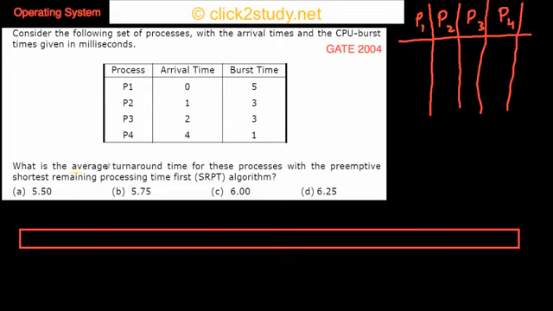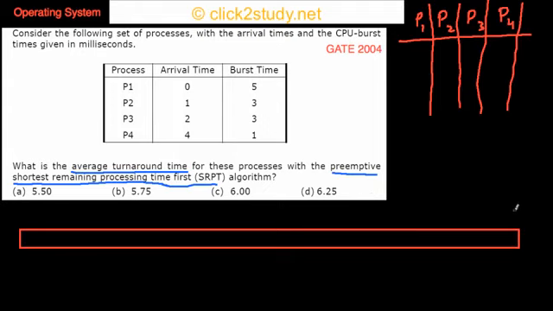We have to find the average turnaround time for these processes with the preemptive shortest remaining processing time first algorithm. This is a preemptive algorithm, so in the middle, if necessary, some process can be kicked out if a process with higher priority comes.